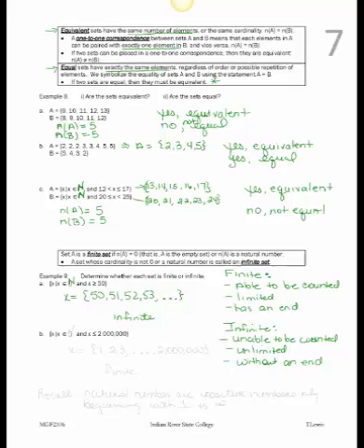Set B, for all x such that x is an element of natural numbers and x is less than or equal to 2 million.